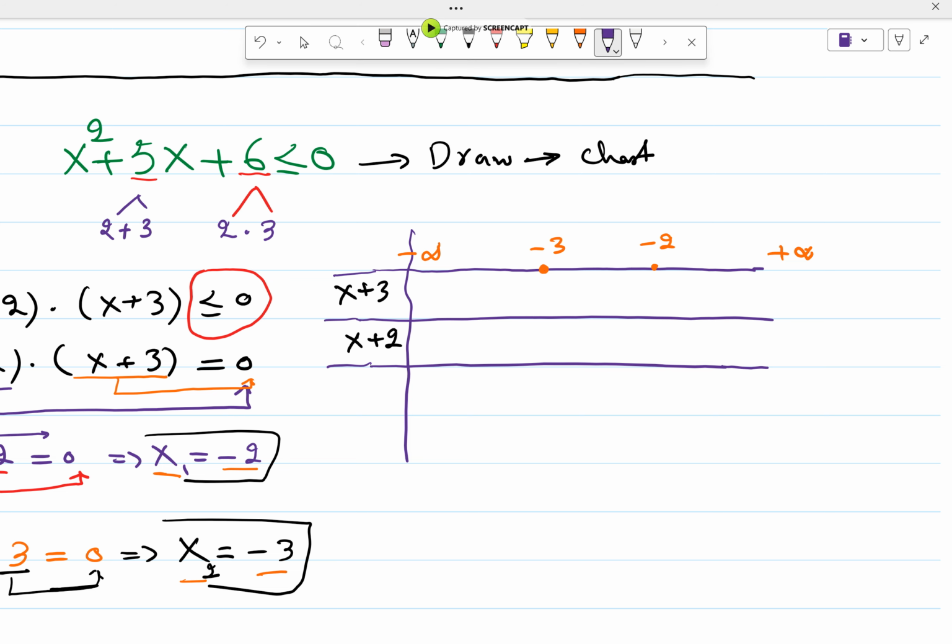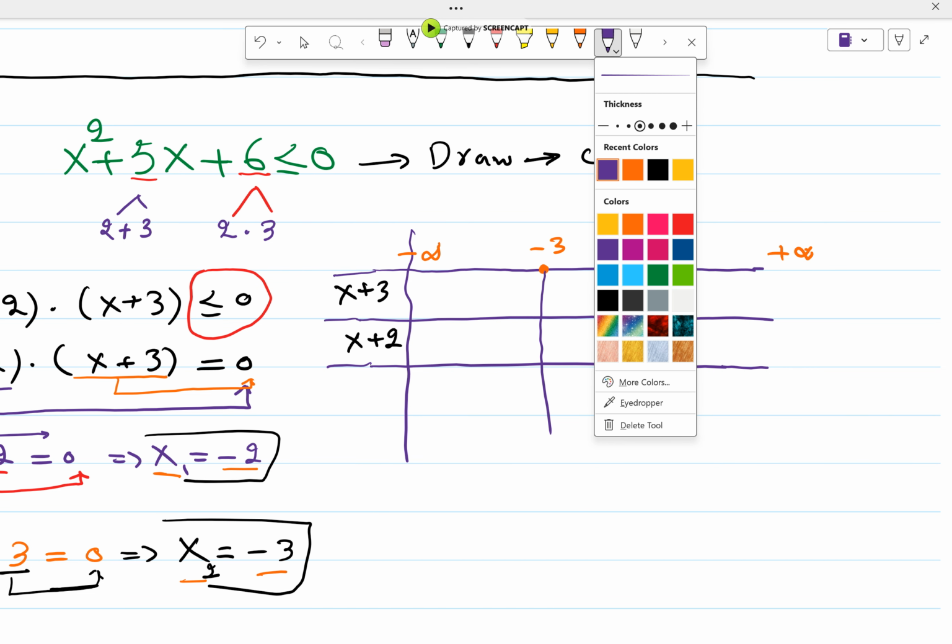My dear friends, this is the point of x plus 3, and this is the point of x plus 2. We want to check the sign of x.